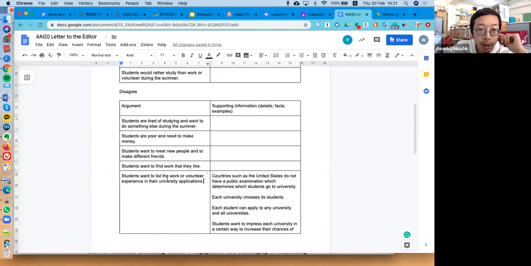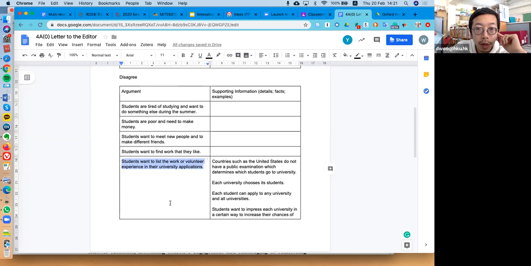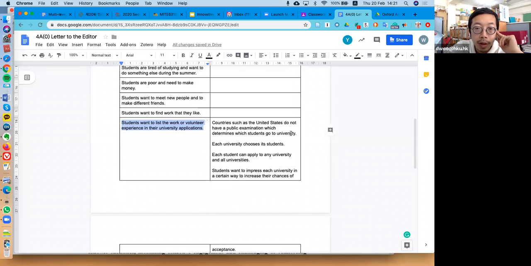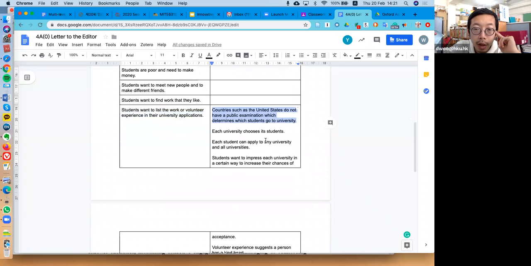And one reason is students want to list the work or volunteer experience in their university applications. And then we have to support this argument with some details or facts or examples. And we can talk about countries such as the United States do not have a public examination, which determines which students go to university. Each university chooses students. Each student can apply to any university and all universities.